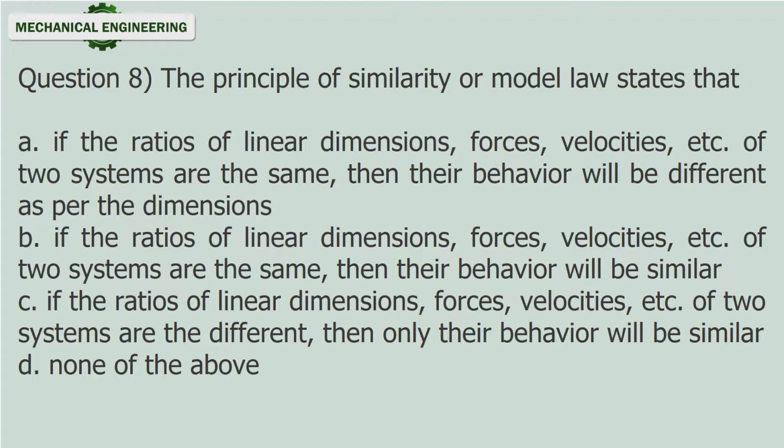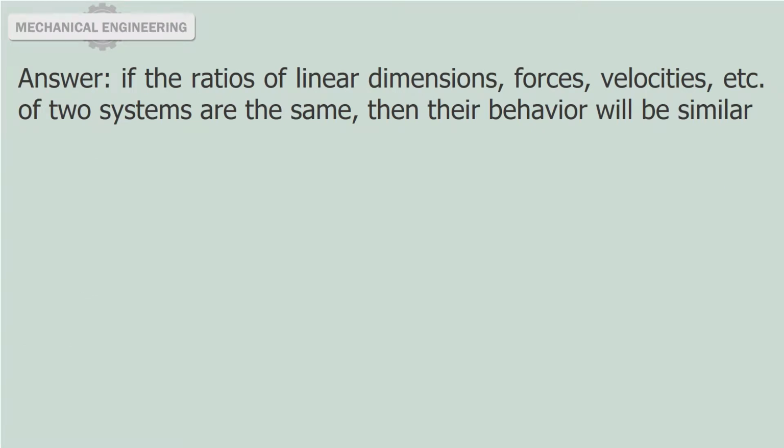C. If the ratios of linear dimensions, forces, velocities, etc. of two systems are different, then only their behavior will be similar. D. None of the above. Answer: if the ratios of linear dimensions, forces, velocities, etc. of two systems are the same, then their behavior will be similar.